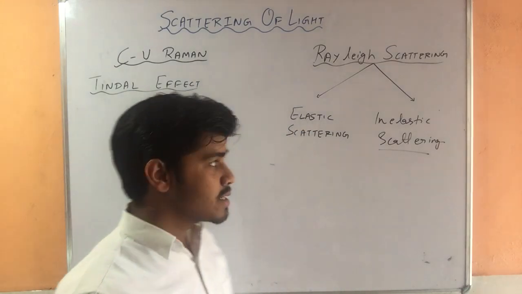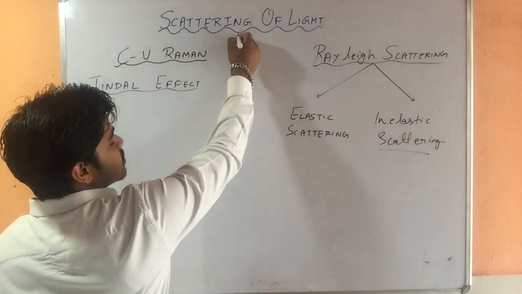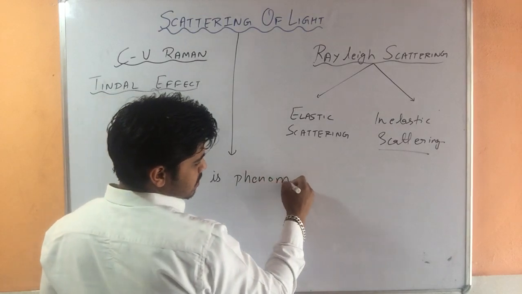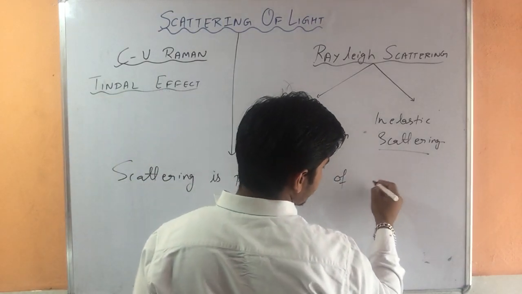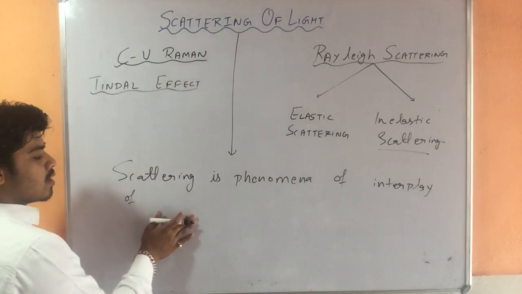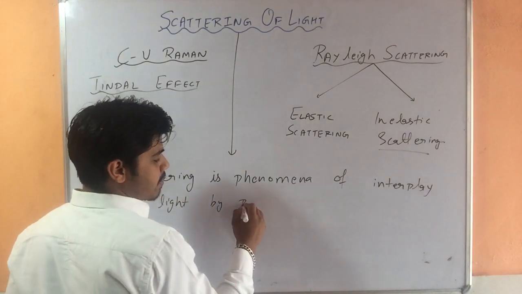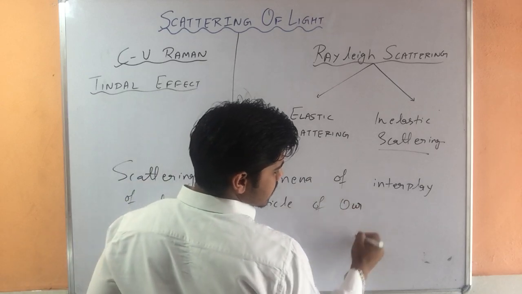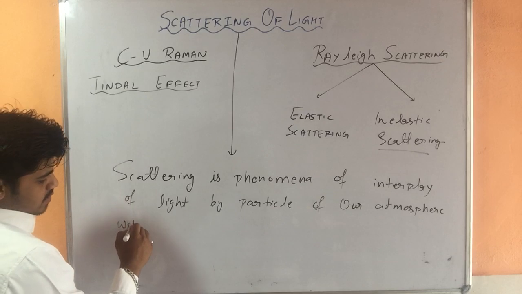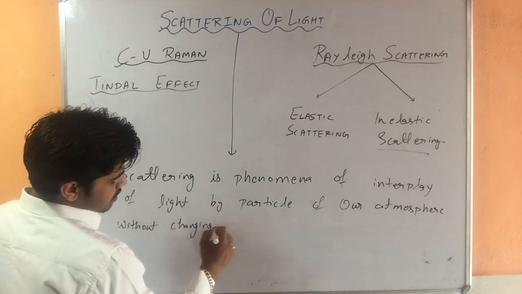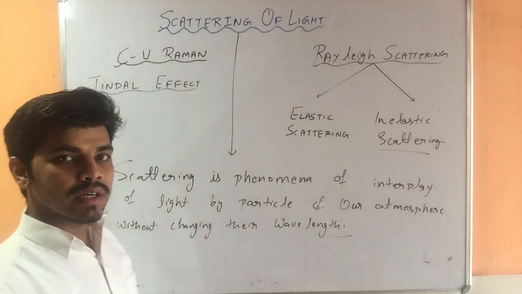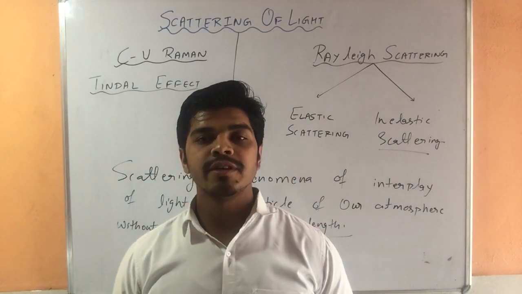So students, note clearly that scattering is a phenomenon of interplay of light by particles of our atmosphere without changing their wavelengths. This is a very simple, practical definition of scattering.